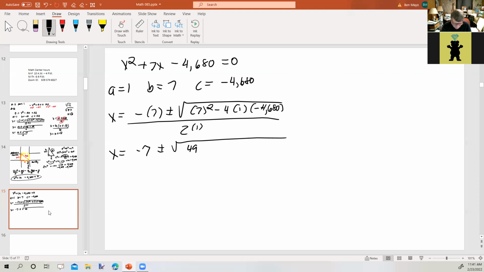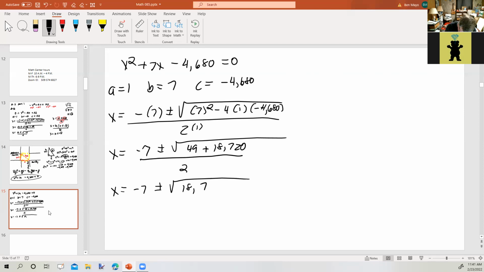And then I've got minus 4 times 1, which would be negative 4, negative 4 times negative 4680, and I get plus 18,720 all over 2. X equals negative 7 plus or minus the square root of, if we take 49 plus 18,720, we get 18,769 all over 2.